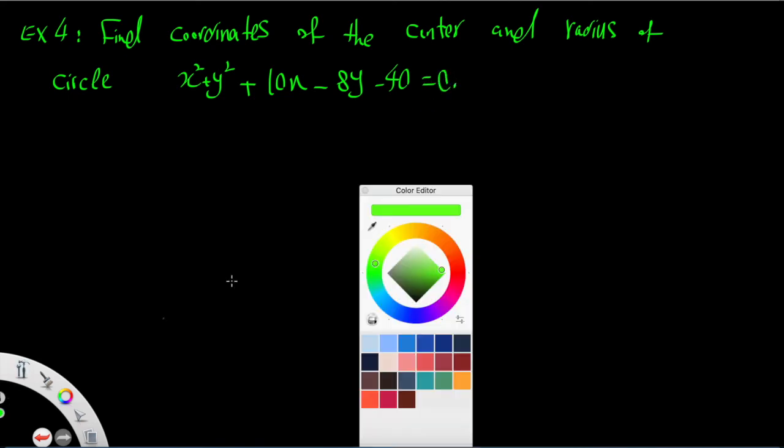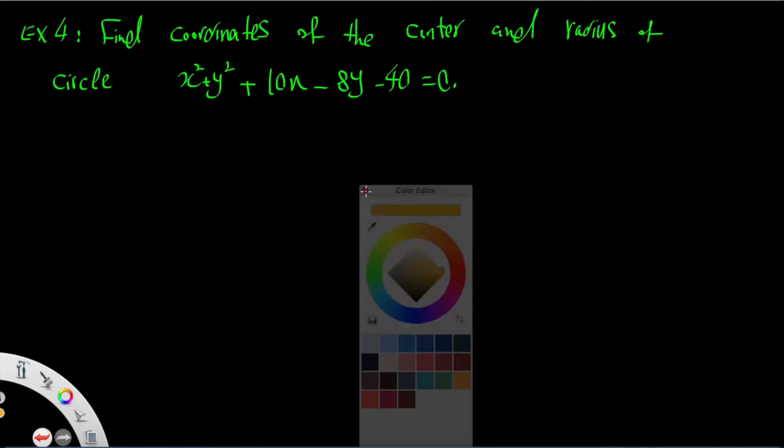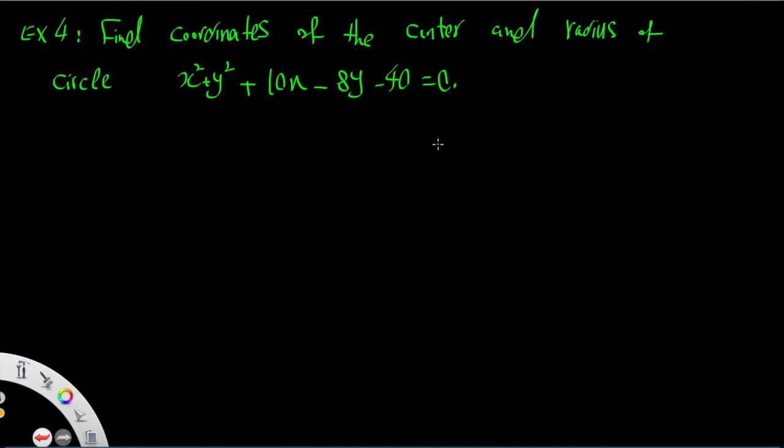Now, as you see, it is the expanded form of the equation of a circle. In order to find the coordinates of the center and radius, I should change the form of this equation to write it in the completed square form. Now, I rearrange it. It will be x squared plus 10x plus y squared minus 8y is equal to, I send the constant to the other side.